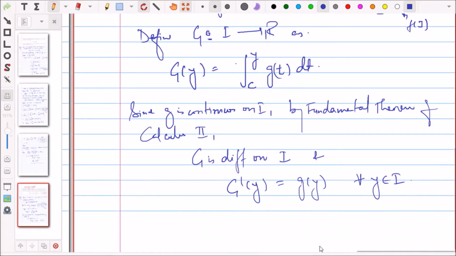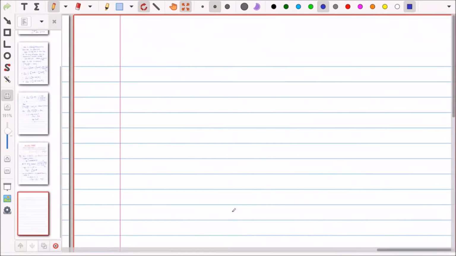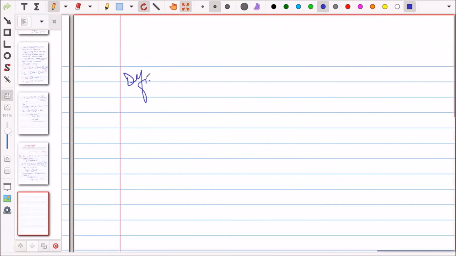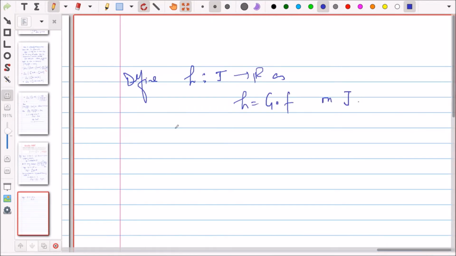Okay. Now define another function h from J to R as h is equal to G of f on J. ठीक है. So h is equal to G of f, define कर लिया हमने. That is, we have taken the composition of capital G and small f.